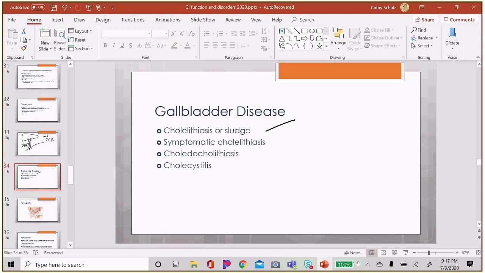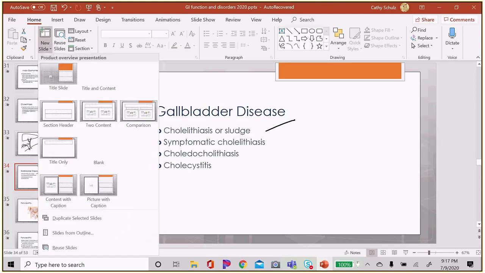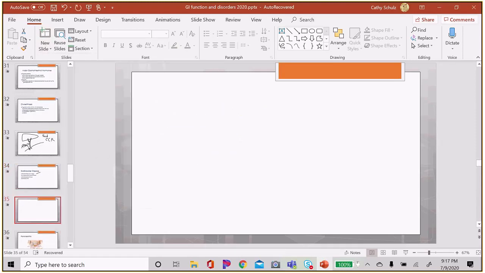But just having a gallstone or cholelithiasis, which is a stone in the gallbladder, does not necessarily mean anything unless the stone is big or the stone often travels. So symptomatic cholelithiasis means that a stone in the gallbladder is causing symptoms, and that would be related to food intake.